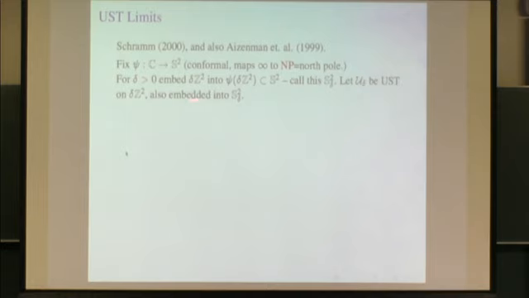We rescale the uniform spanning tree by a factor delta, so we map delta Z2 into phi of delta Z2, and call that S2 delta. We now look at the uniform spanning tree on this set, which is also embedded into the sphere.